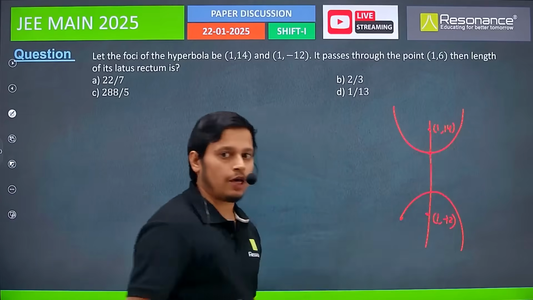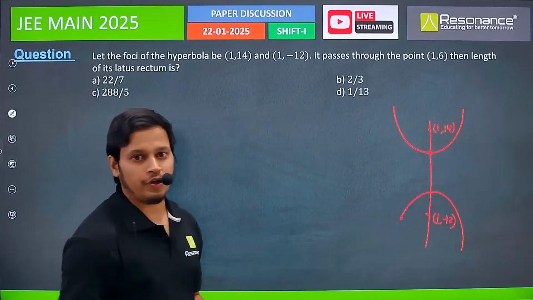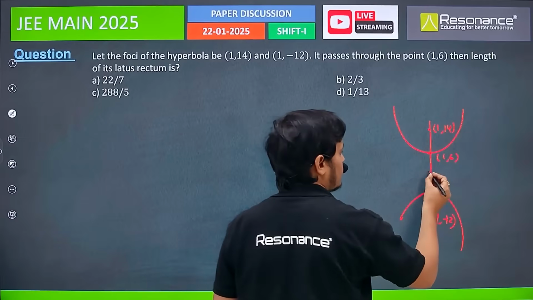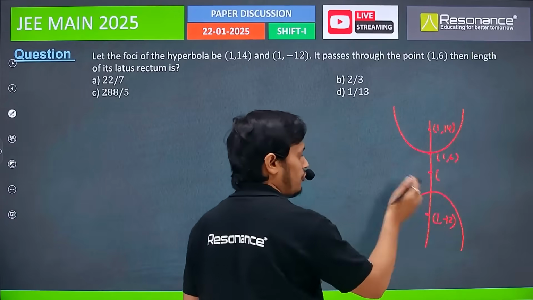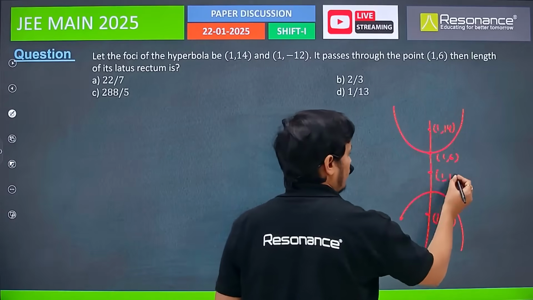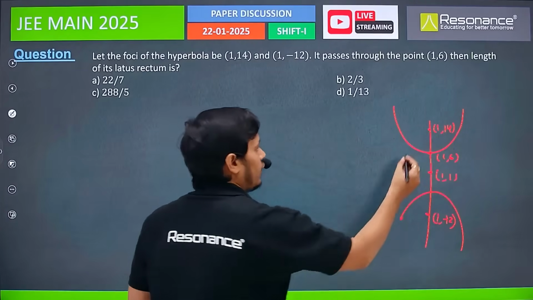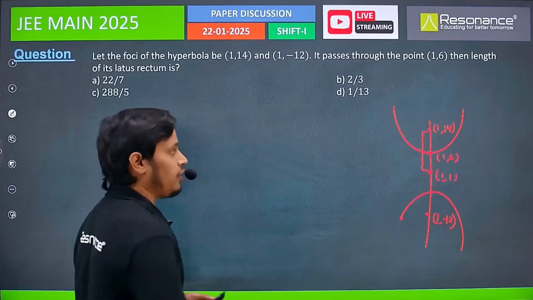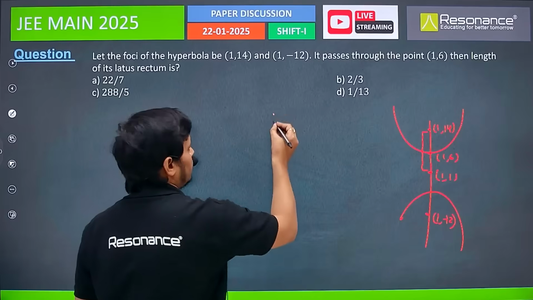They are also saying this hyperbola is passing through the given point (1, 6). So this point is (1, 6). Can I say that the center will be the midpoint of these two foci? That is (1, 1). Okay, now first thing, the distance of the center from the focus will be equal to be, sorry, b·e.